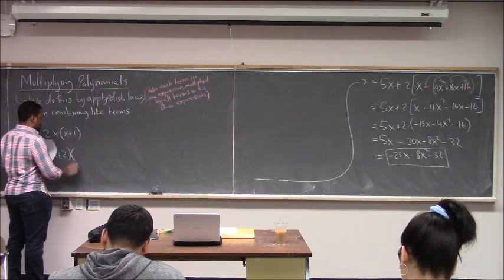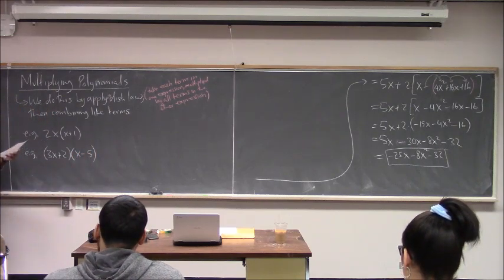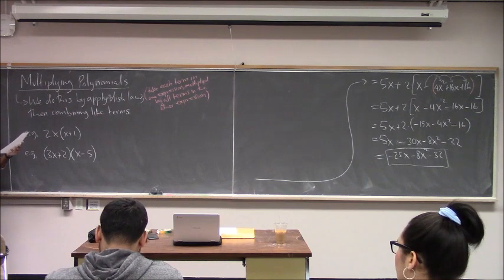So one way to write down multiplication is to just put two expressions in parentheses and put them right beside each other, and that would represent multiplication.